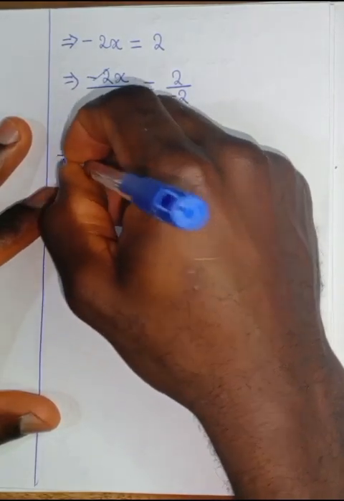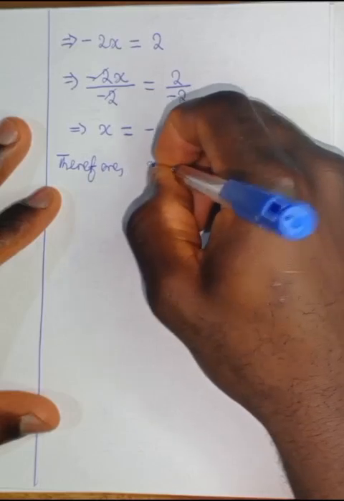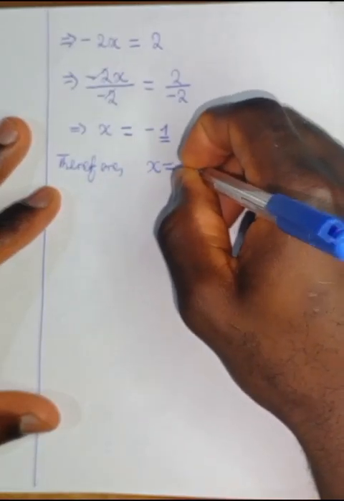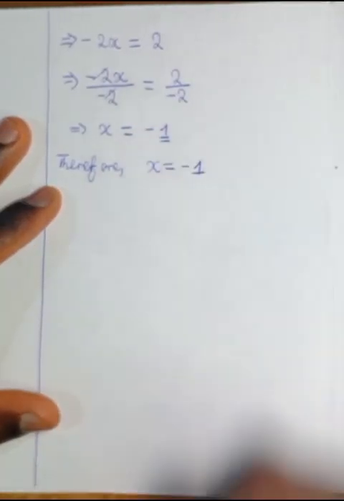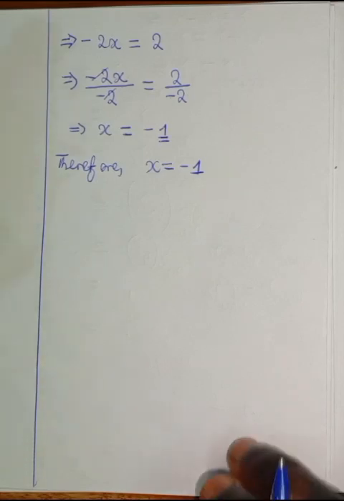Therefore, let's conclude, x will be equal to negative 1. This simply means if we go back to that given problem, we replace x with negative 1, we simplify, the left hand side will be equal to the right hand side.